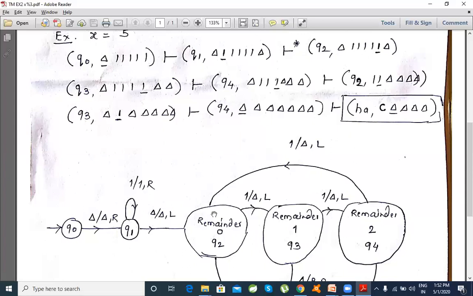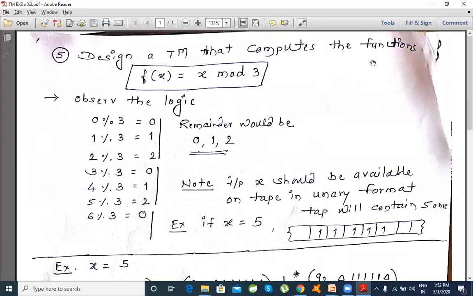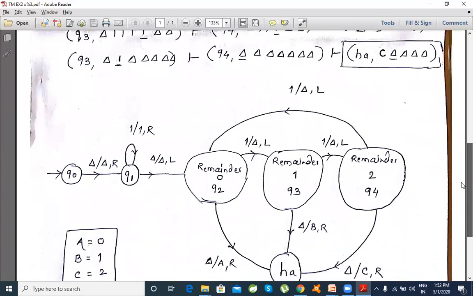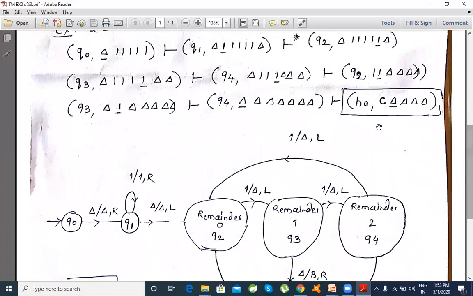So the Turing machine remembers this by replacing this one by null and moving towards left. By that time we are supposed to change our state. Why do we need to change the states? Because for each one I'm counting, I'm changing the state.